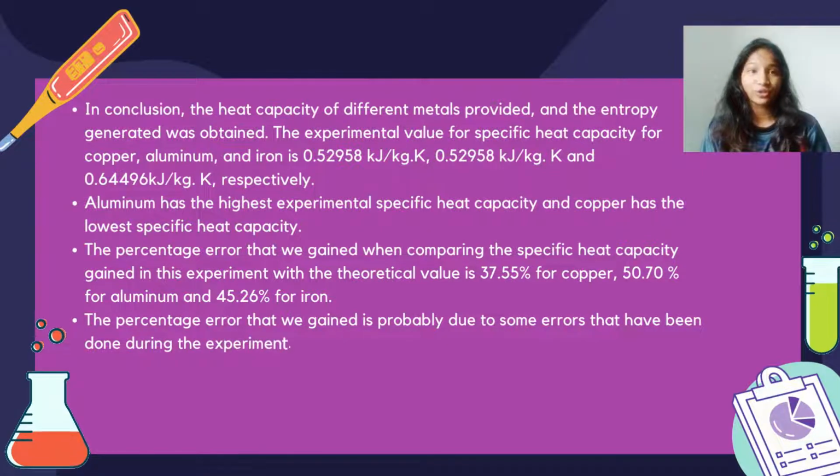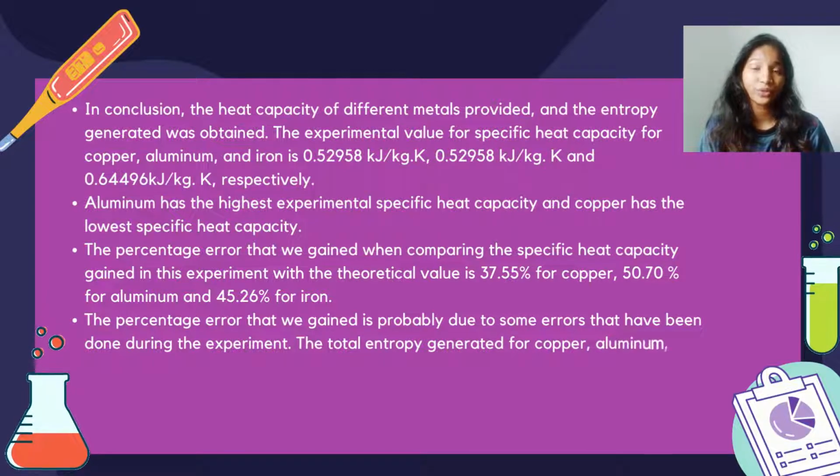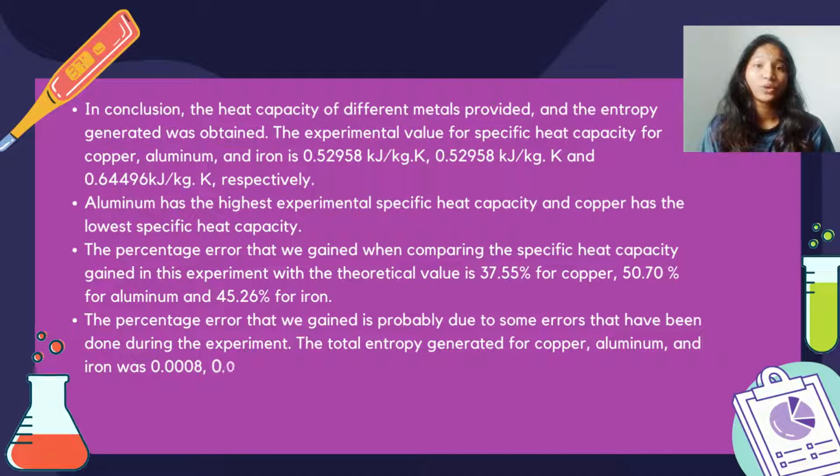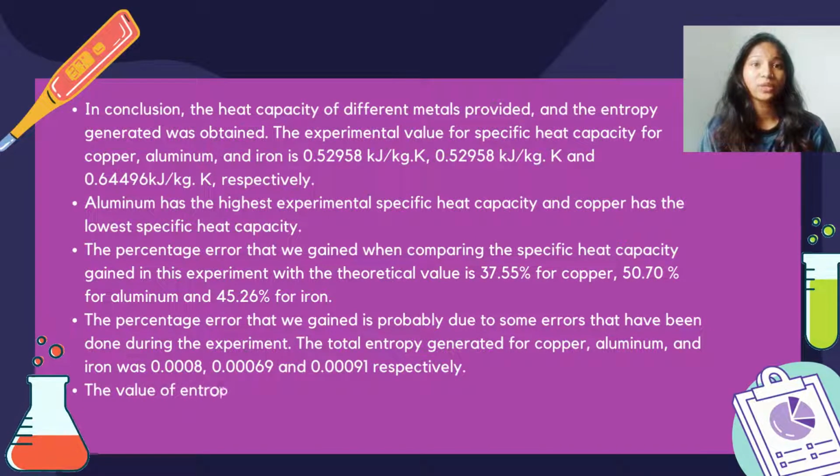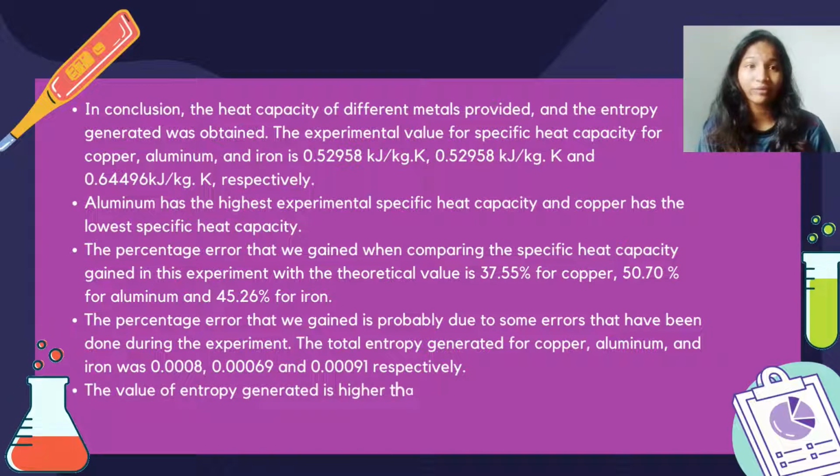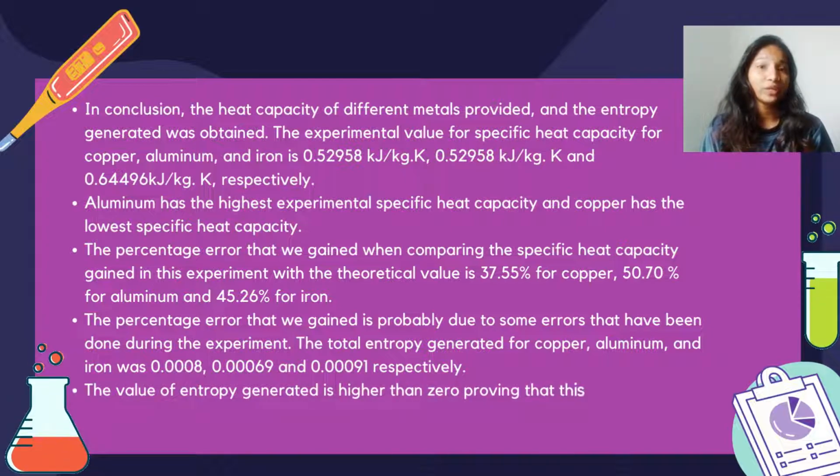The total entropy generated for copper, aluminium and iron is 0.0008 kilojoule per Kelvin, 0.00069 kilojoule per Kelvin, and 0.00091 kilojoule per Kelvin respectively. The value of entropy generated is higher than 0, proving that this is an irreversible process.